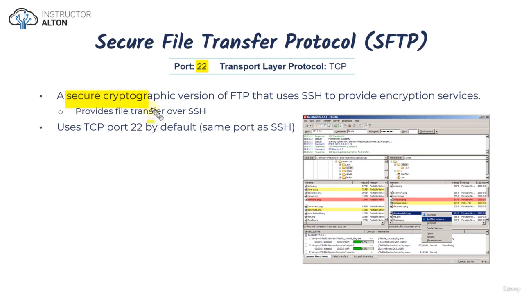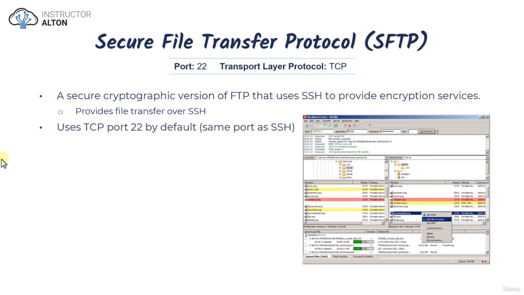It's a secure cryptographic version of FTP that utilizes SSH to provide its encryption services. So that's why it utilizes the same port as SSH. And again, just like the original version of FTP, it utilizes TCP because it is setting up a session for us to transfer files back and forth.